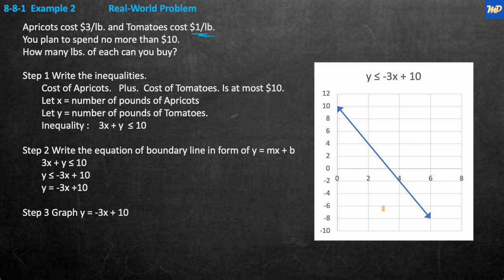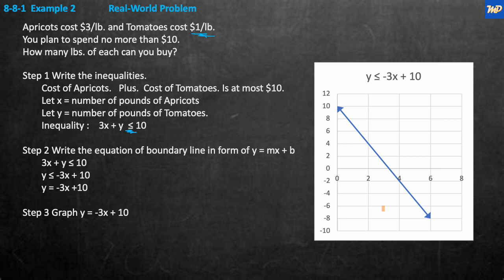So it's $1 a pound for y's, and the inequality is 3 times the number of apricots plus 1 times the number of tomatoes is less than or equal to $10, because we can spend up to $10, including $10, but no more. So you write the inequality.